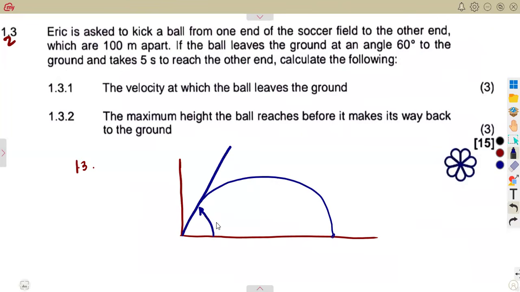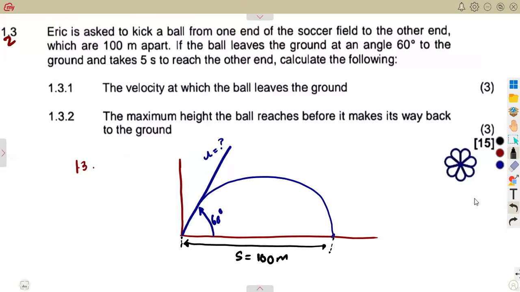Knowing that we are supposed to have the initial velocity, which we do not have, we are given the displacement that is going to be taken horizontally, that is S is equal to 100 meters. We are given this is 100 meters apart, which is the horizontal displacement.